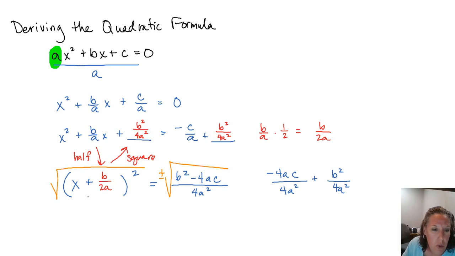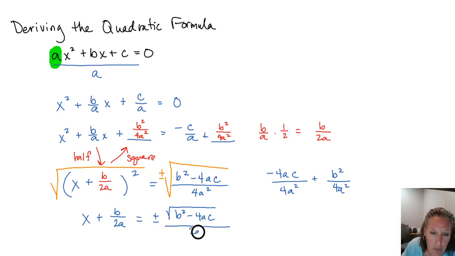When we take the square root of x plus b over 2a, quantity squared, we're going to be left with x plus b over 2a. And then we get plus or minus. Our numerator, we don't see any perfect squares we can factor out. But our denominator, 4a squared, is a perfect square.